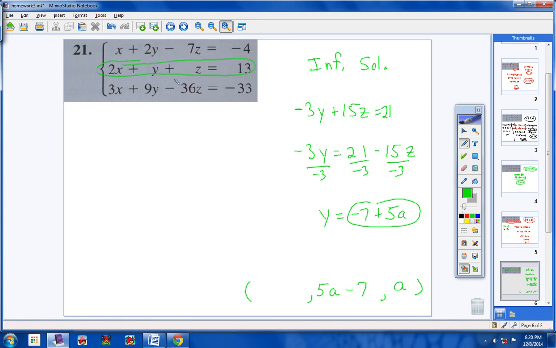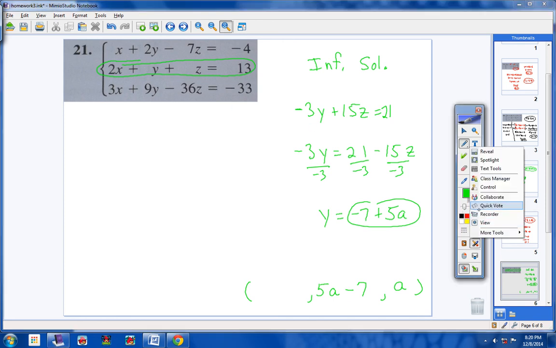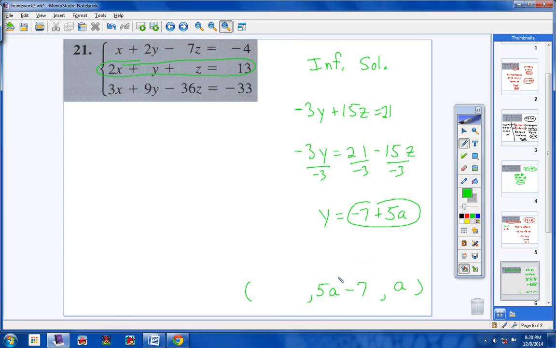Now, once again, students, you can use this equation here. And if you want to use this equation right here, feel free to do that. It's going to be a little longer and a little harder because of this 9 and 36 here. I'm going to use 2x plus y, so parentheses 5a minus 7, plus z, which is a, equals 13.